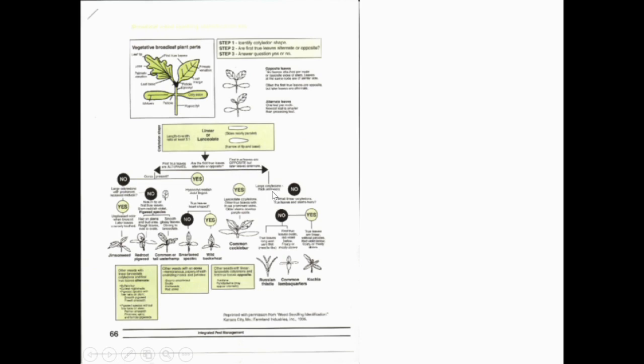Still goes back to cotyledon. Oh, ochrea. Whatever we're looking at here, if you look at it on your structure, we'll just say it's yes or no. If we have yes, of most of our common agronomic weeds, it would only be common cocklebur that would have those linear cotyledons, the opposite leaf structure, and then yes on that part of the diagram.